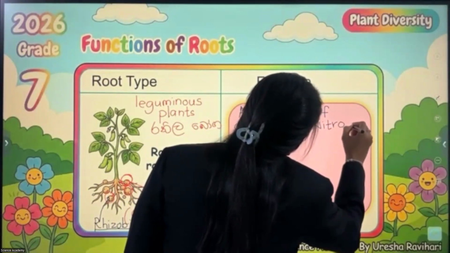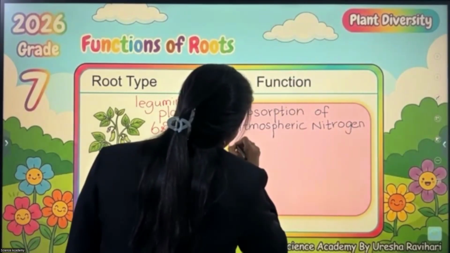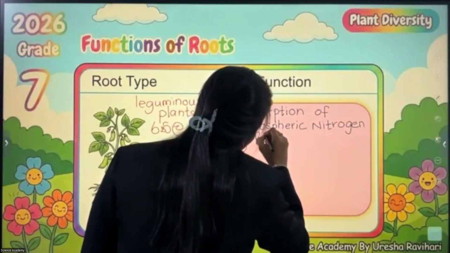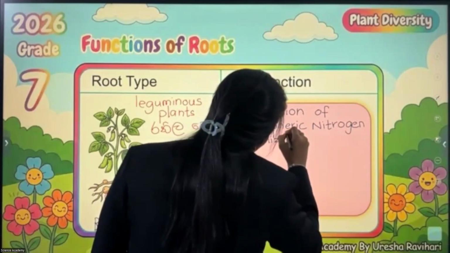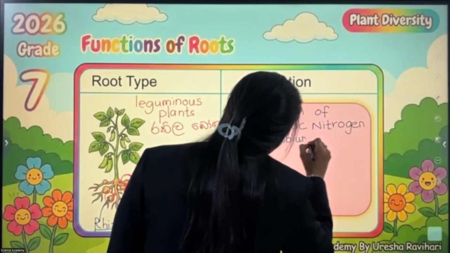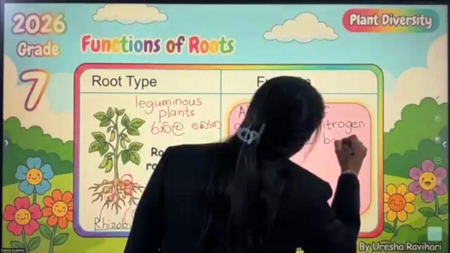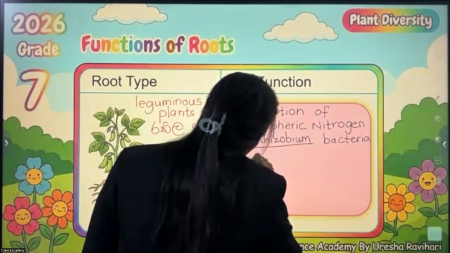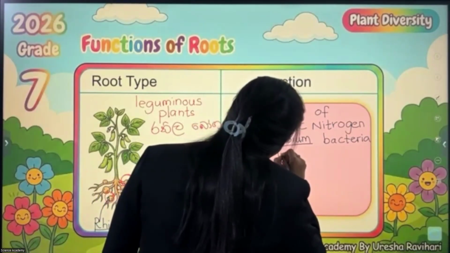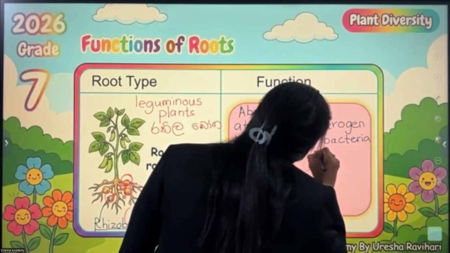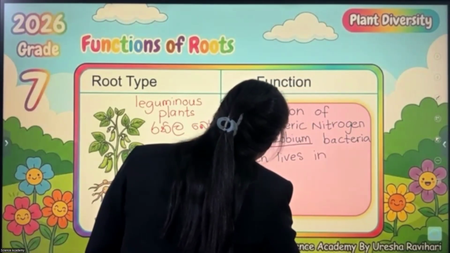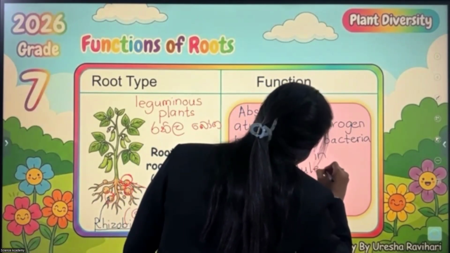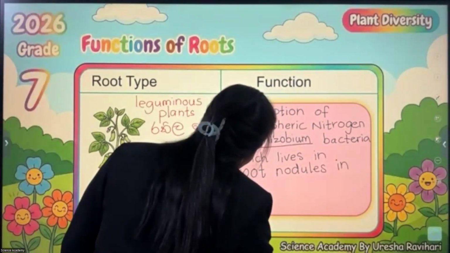Nitrogen by rhizobium bacteria which lives in root nodules in leguminous plants.